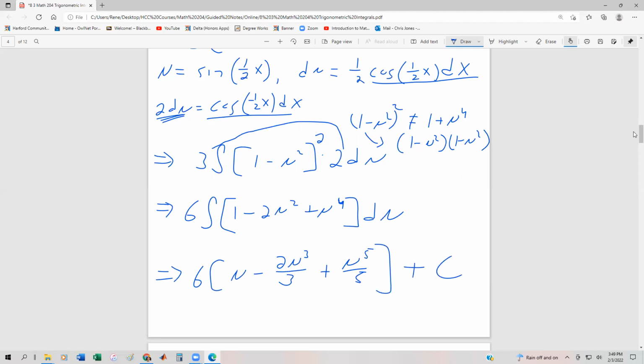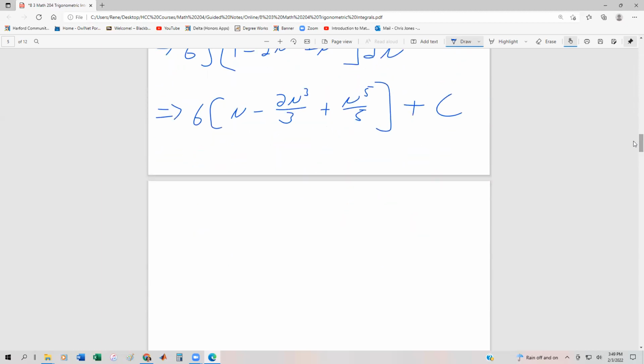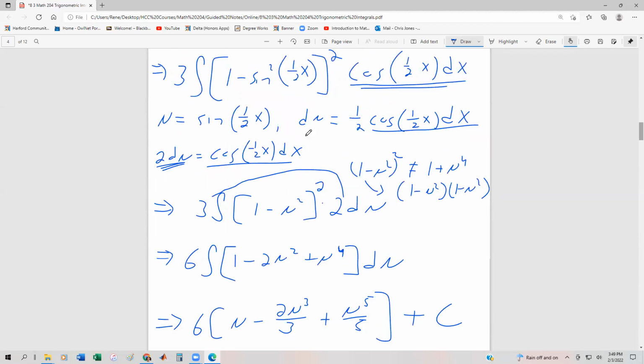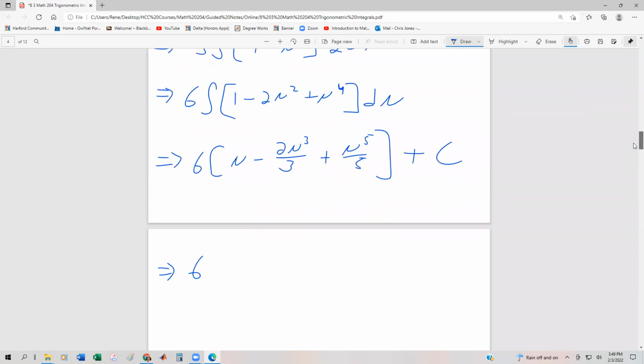And now finally, we can distribute the 6 and back substitute. So we're going to end up with 6. Remember, the original substitution was sine of 1/2 x. So everywhere we see a u, we're going to have sine of 1/2 x.